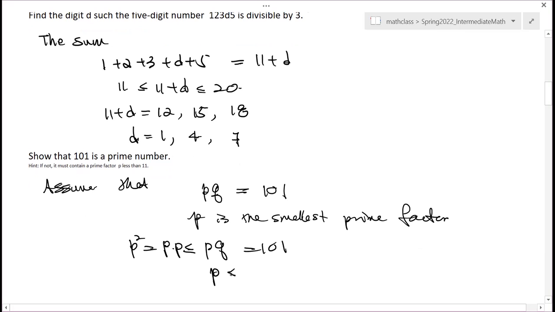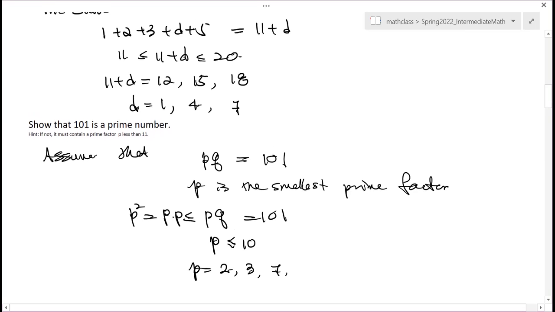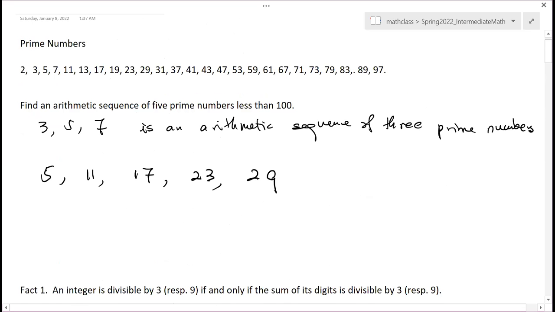So it must be less than or equal to 10, because 11 squared is already 121. So how many prime numbers are there less than 10? There are not many. P could be 2, 3, and 7. That's it. Those are the possible values for P. Look at the list of all the prime numbers here.